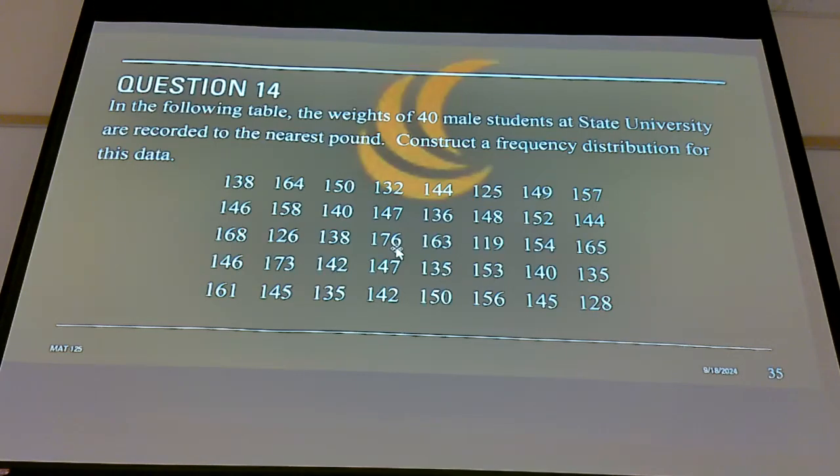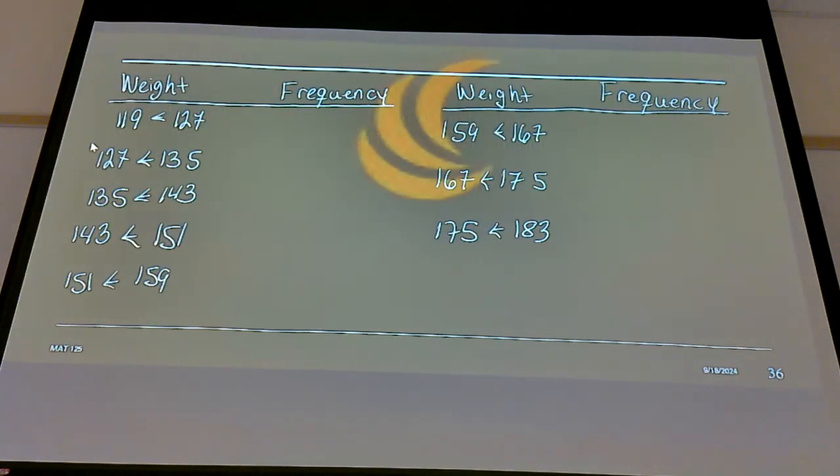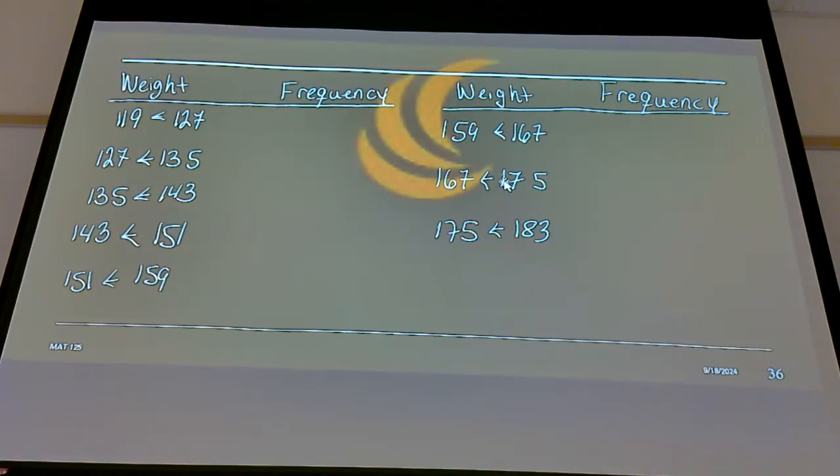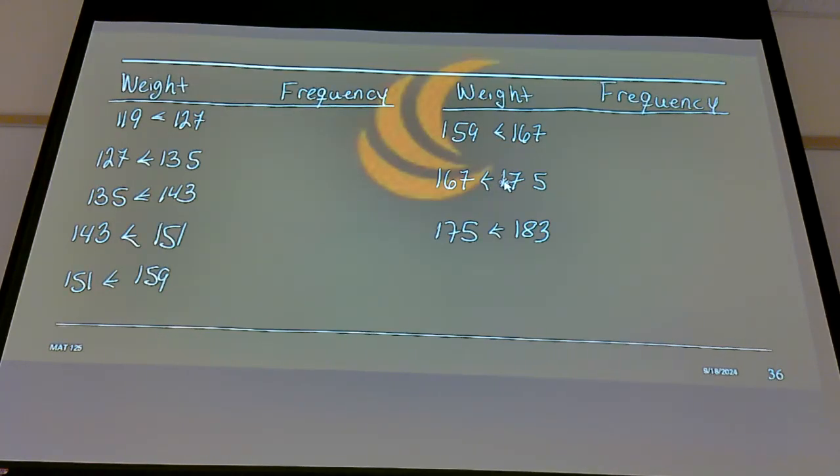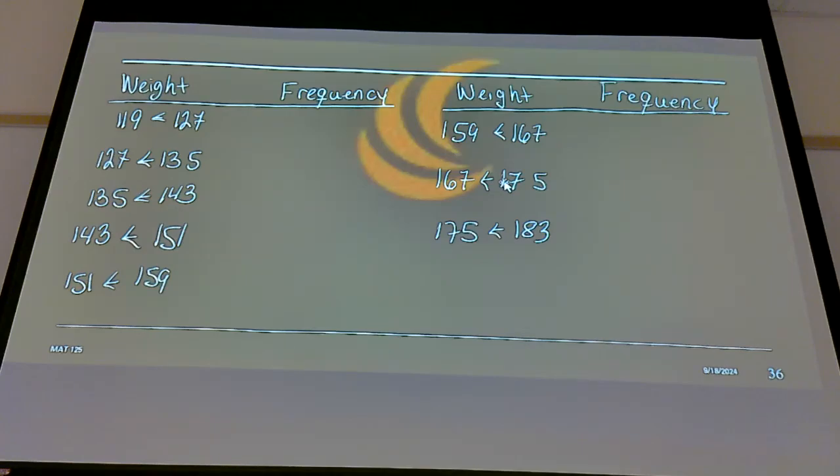So 177 minus 119. All right, 58. And how many data classes do we want? I think it's supposed to be 7. I just went up to 8 or something. Divide by 7. That gives 8.2, round that up to 9.